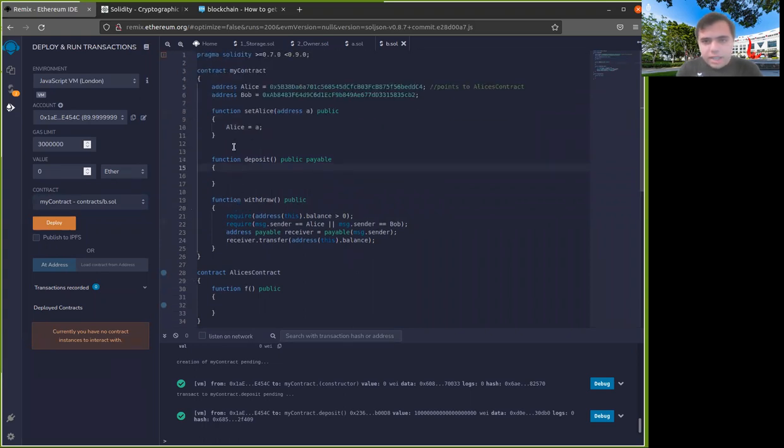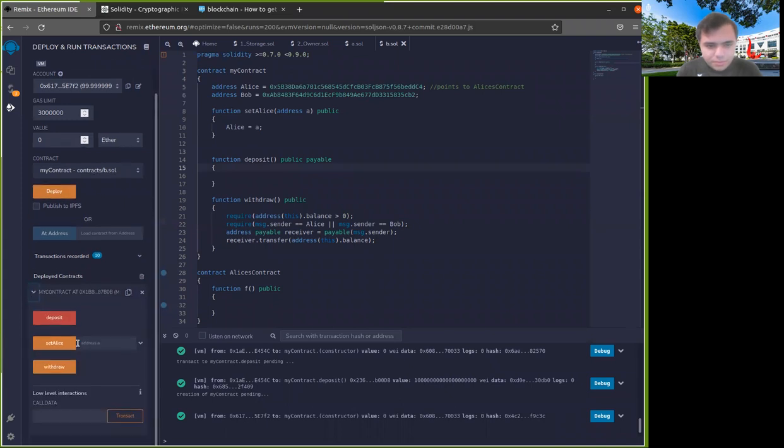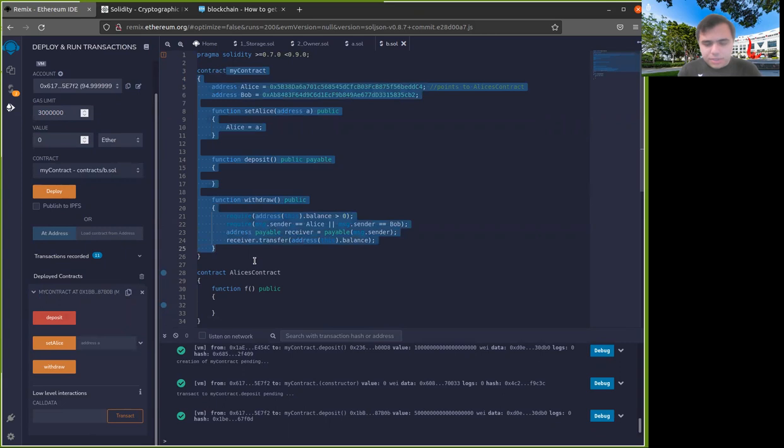So let's say I have this. I deploy this contract, and I deposit some money. So let's say I pay 5 Ether to this contract. So this is my first contract.